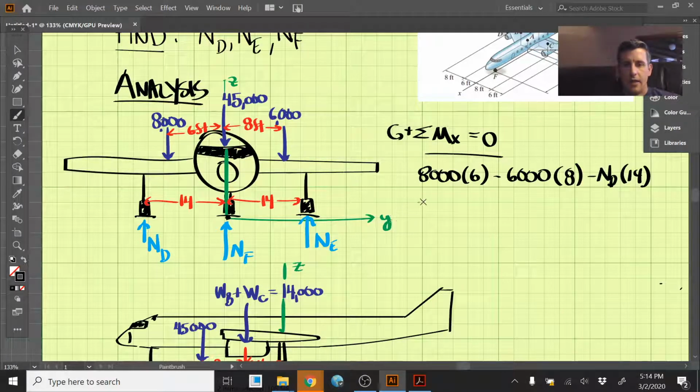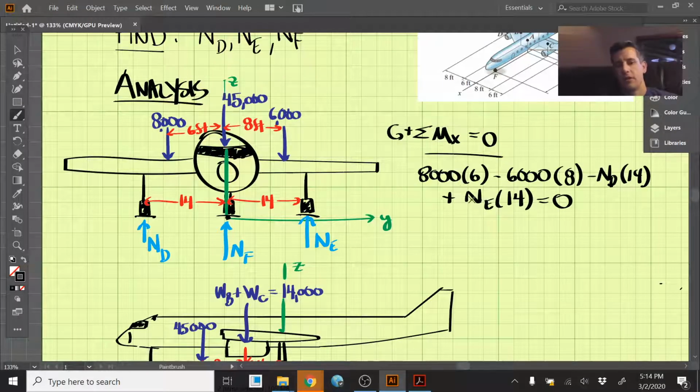And then NE is going to create a counterclockwise moment, also acting 14 feet away, and that is equal to 0. So we have two unknowns in this equation and just one equation. We can't directly solve for anything yet.